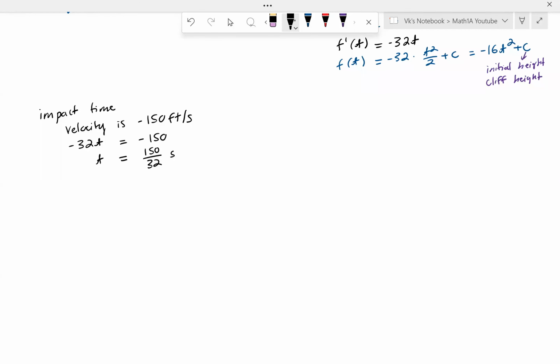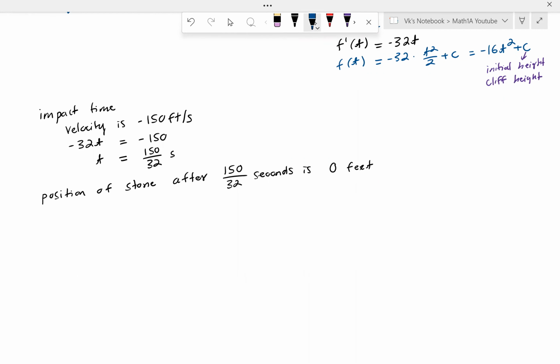Okay. Once we have the impact time, we know that the position of the stone after 150 over 32 seconds is 0 feet, because it is on the ground. That would be f of 150 over 32 equals 0.